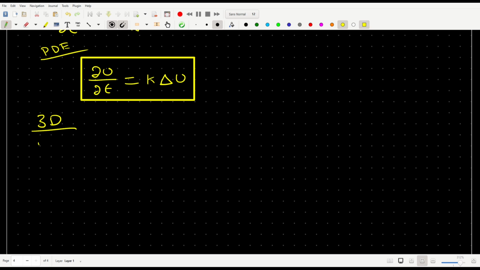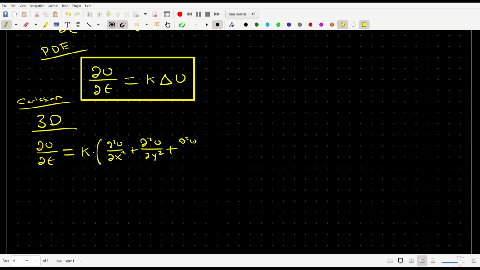The 3D form is saying that the partial derivative of u with respect to time, in Cartesian coordinates, is going to be k times the second derivative of u with respect to x, plus the second derivative of u with respect to y, plus the second derivative of u with respect to z.